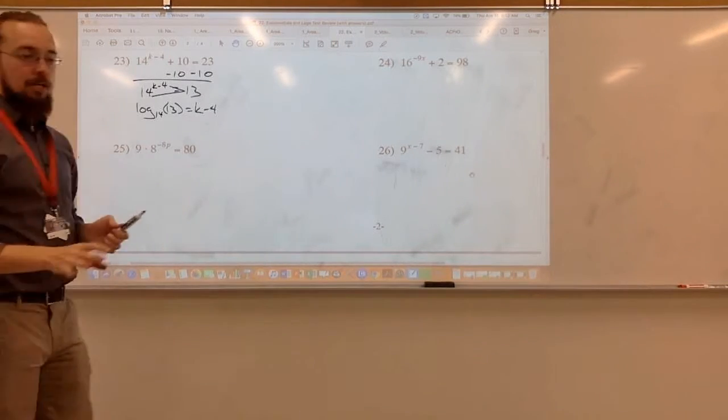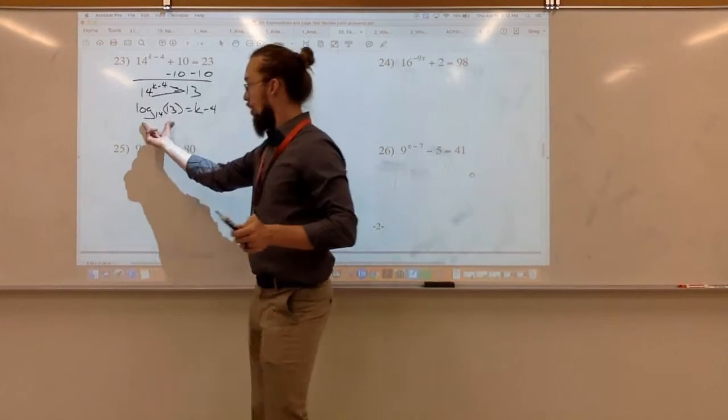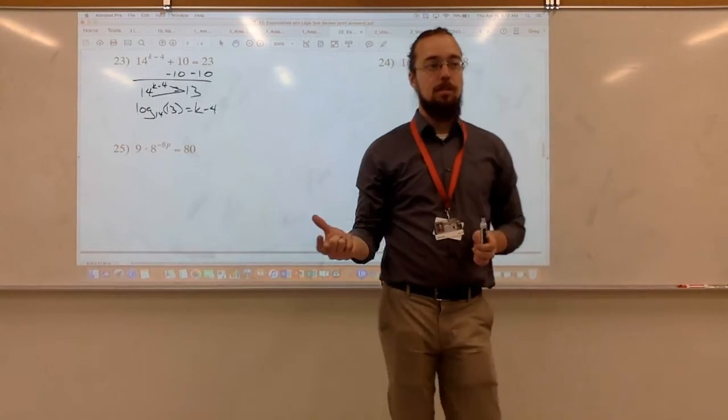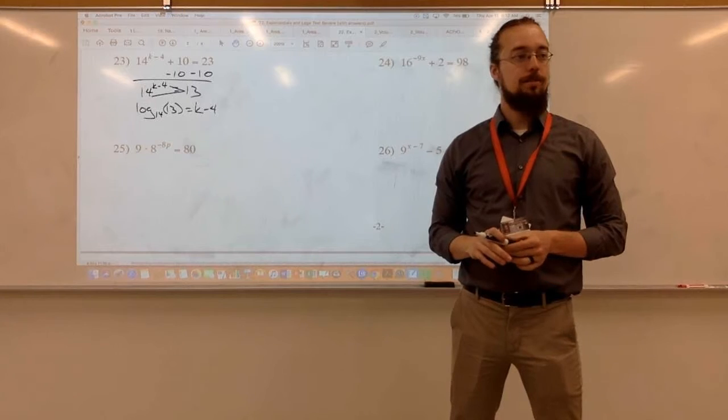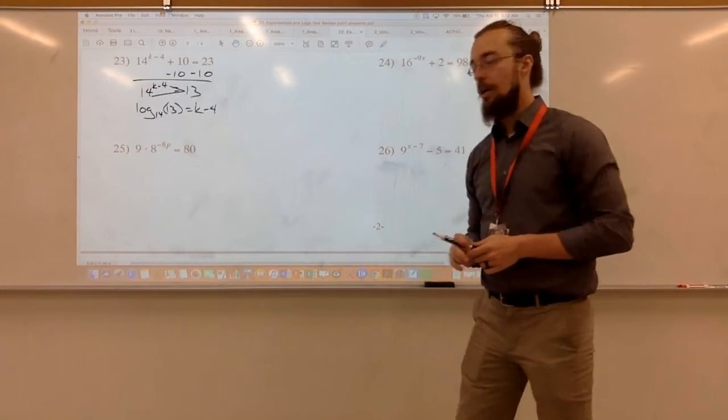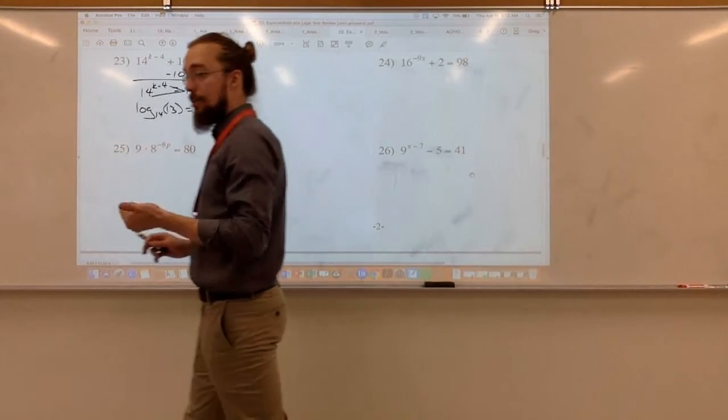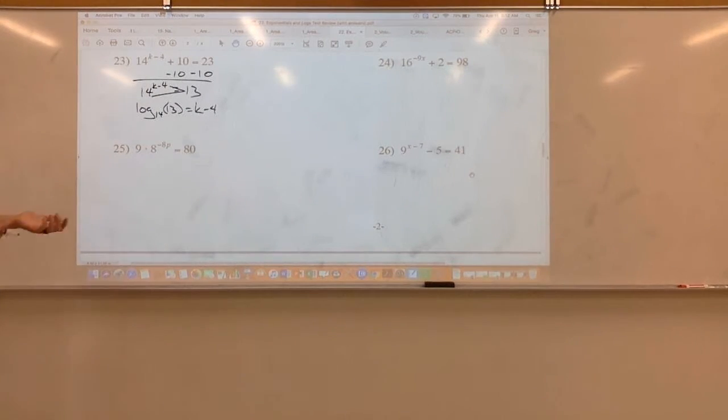Is everybody comfortable putting a log into the calculator? Does anybody want me to show you how to do it up here? Alright, it's math. Scroll all the way down to log base.